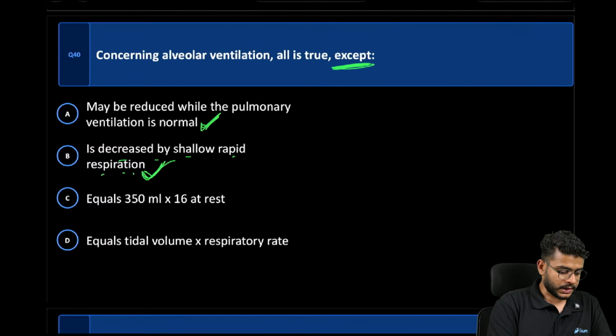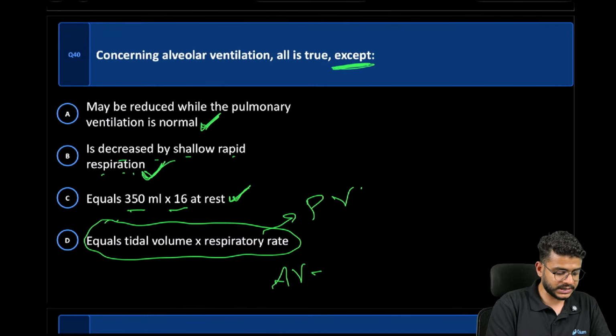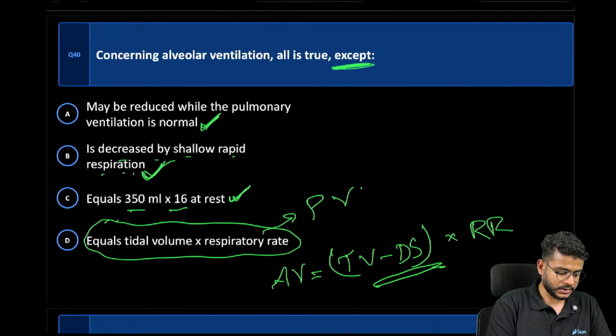Equals 350 times 16 at rest. Yes, that is also correct. Equals tidal volume into respiratory rate. Is that correct? No, this is pulmonary ventilation. Alveolar ventilation is tidal volume minus dead space into the respiratory rate. So this is the wrong option.